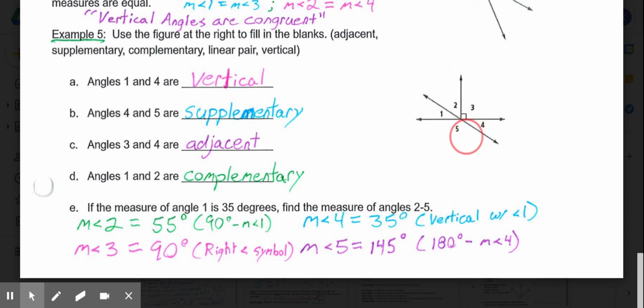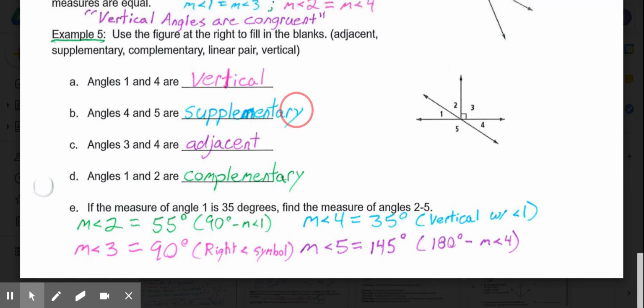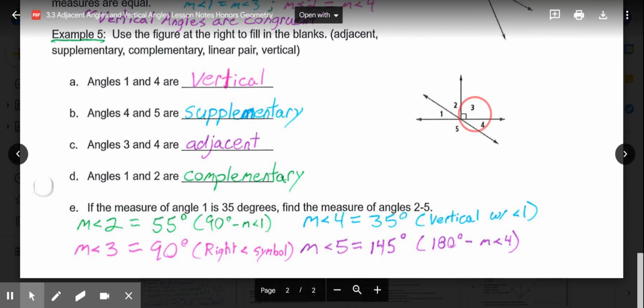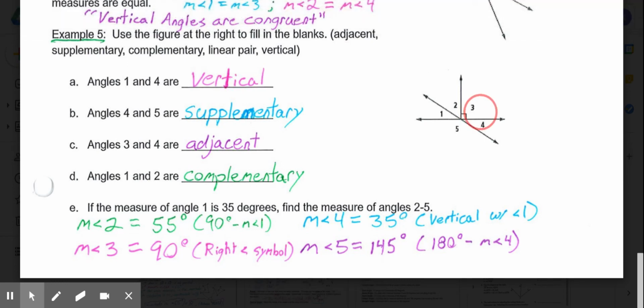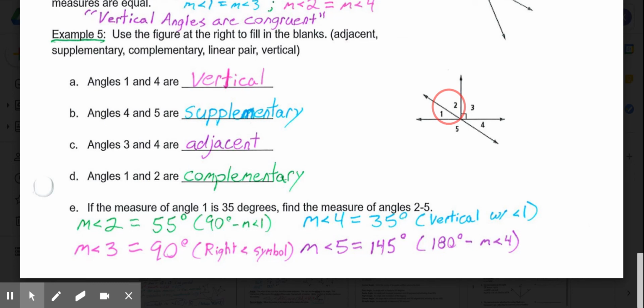They make a flat line and a linear pair. 3 and 4 are simply adjacent angles. And 1 and 2 are adjacent angles that add to 90 degrees, so they are complementary angles.